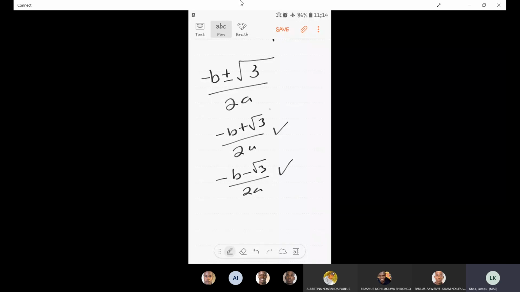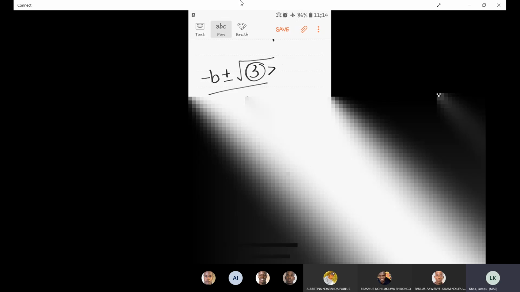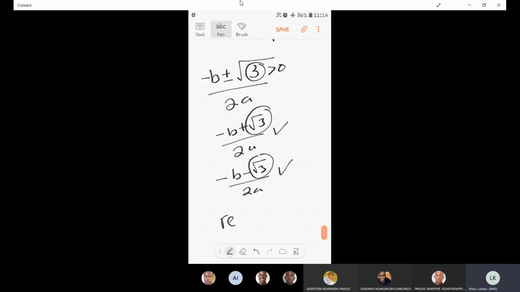Because one is adding the square root of 3 in the numerator, the other one is subtracting the square root of 3 in the numerator. So you have real, but they are not equal. So the roots are only equal if your discriminant is equal to 0. If it is any other number here which is greater than 0, you have real and unequal.